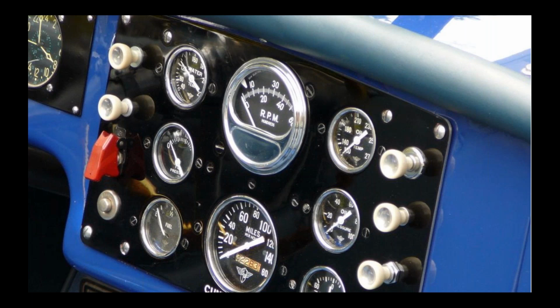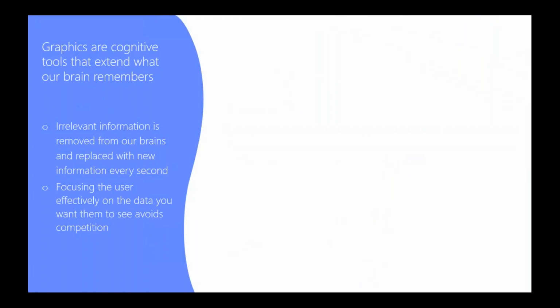The dashboard in a car is designed to give you the most important information, and our brain immediately goes to the largest things that are in the middle because it's important. But at the same time, we kind of see this red thing over in the left-hand side. Don't know what that is. But my point with the dashboard is, even in a vehicle, you look at the dashboard, everything is designed to make sure that you have the most important data right in front of you to operate the vehicle.